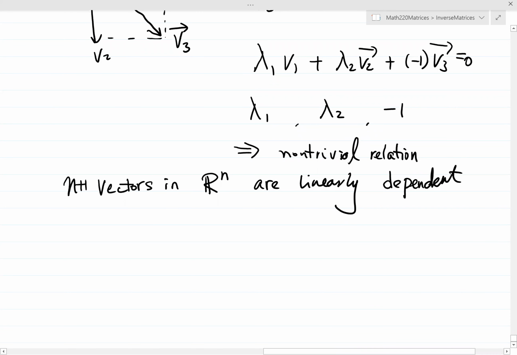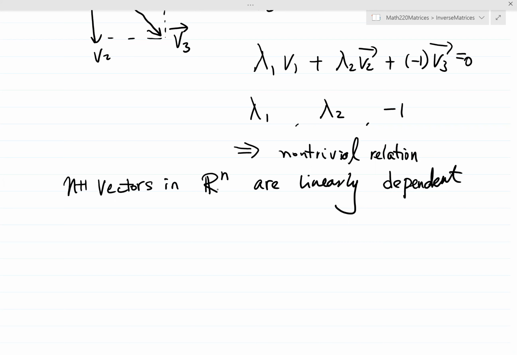It is the same idea: n plus 1 vectors in Rn should be linearly dependent. And if you have n plus 2 vectors in Rn, of course they are linearly dependent.